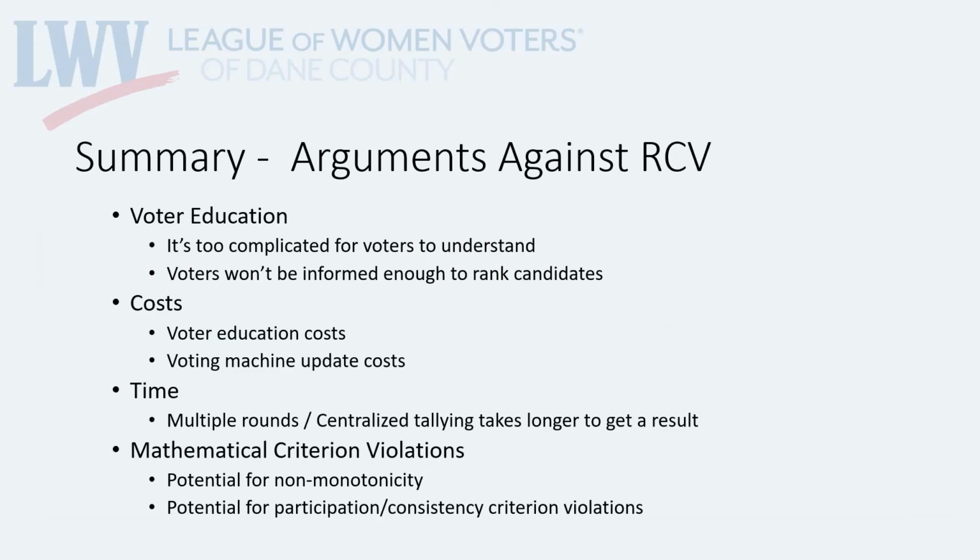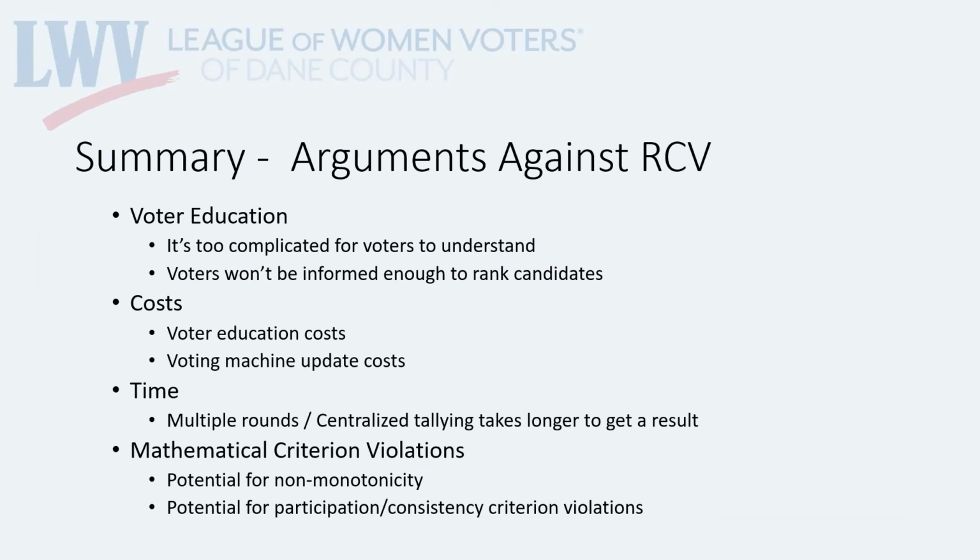To summarize the arguments against ranked choice voting, we can put them in a few buckets. The first is voter education. This bucket contains the arguments that it's too complicated for voters to understand, and that voters won't be informed enough to perform the rankings. The next bucket is cost. This includes the increased costs needed to educate voters on a more complicated system, and the upfront costs needed to update voting machines.